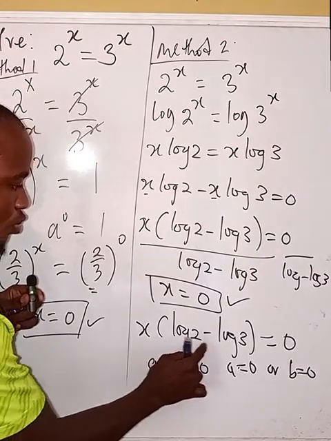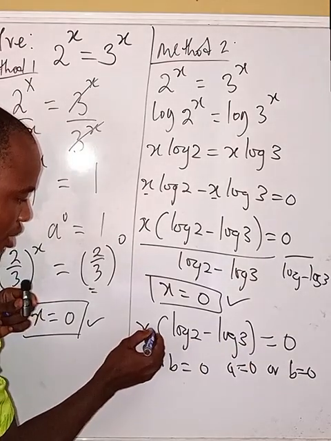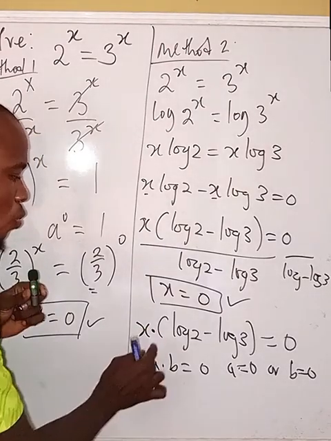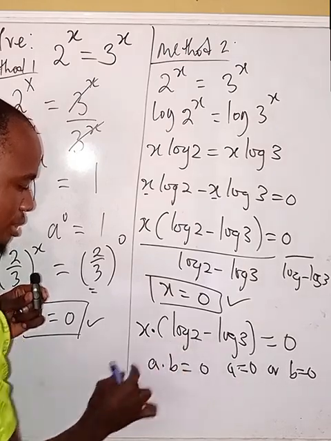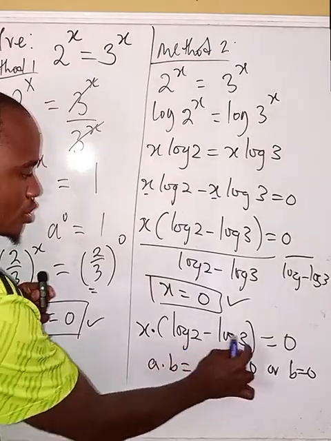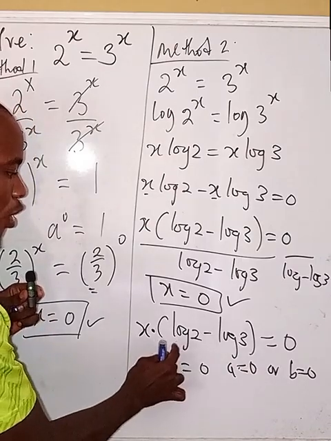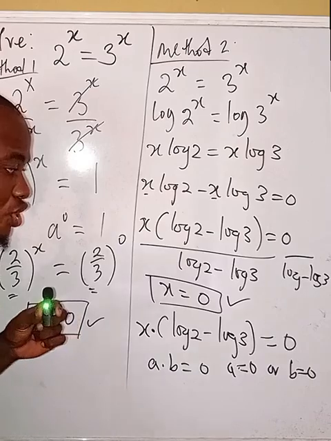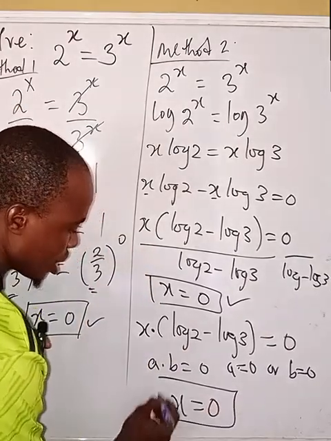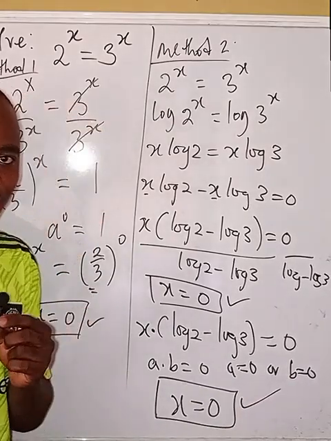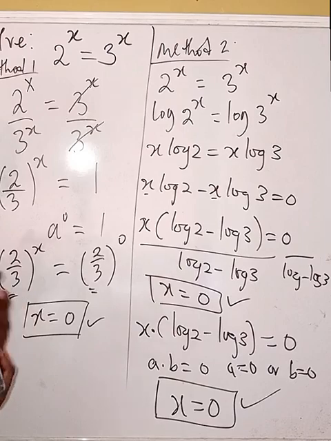We have x and log 2 minus log 3, with multiplication between them. So what can be 0 between x and log 2 minus log 3? You can see that log 2 minus log 3 can never be 0. The only thing that can be 0 is x. So therefore x equals 0. That is what a mathematician will say.